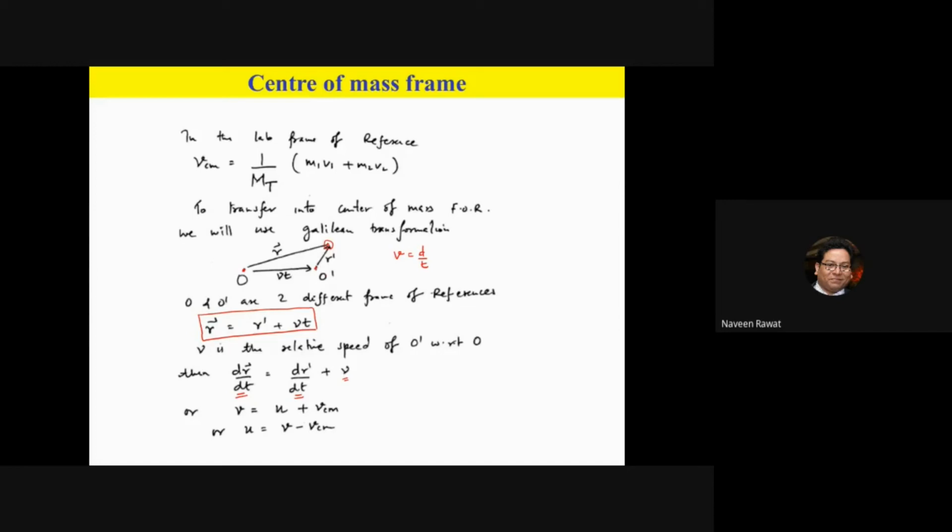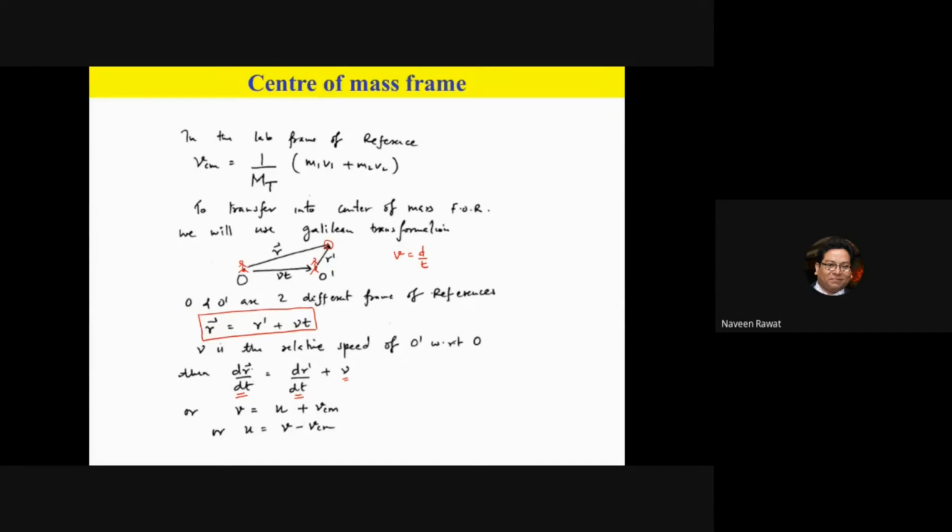Now if this object is moving, then from these two frames of reference you will be measuring velocities, which is just dr by dt for this frame of reference, and dr prime by dt for this frame of reference. You can just consider two people standing here, one here and one here.